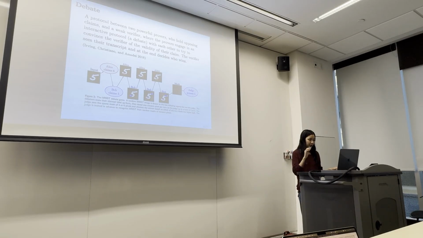So in alternating rounds, Alice is going to reveal a pixel of the image, and Bob is going to reveal a pixel. And at the end, the judge sees all the pixels that were revealed and guesses what the integer in the image actually was. They found that in this experiment, the honest prover actually wins the majority of the time.